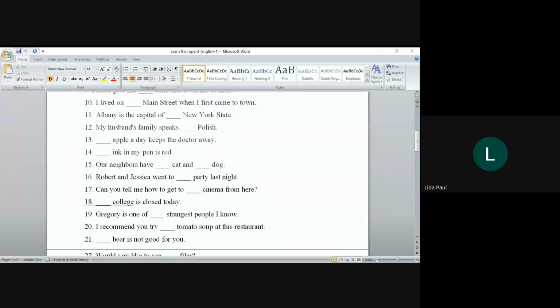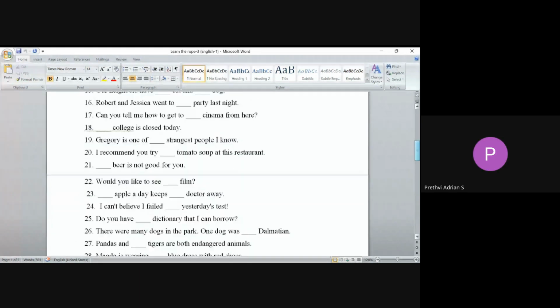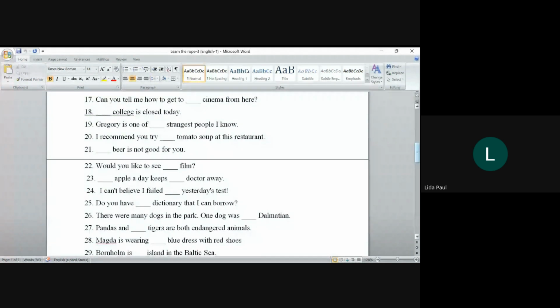Okay. I recommend you try dash tomato soup at this restaurant. Yeah, ma'am. I recommend you try the tomato soup at this restaurant. But it has additional information, at this restaurant.